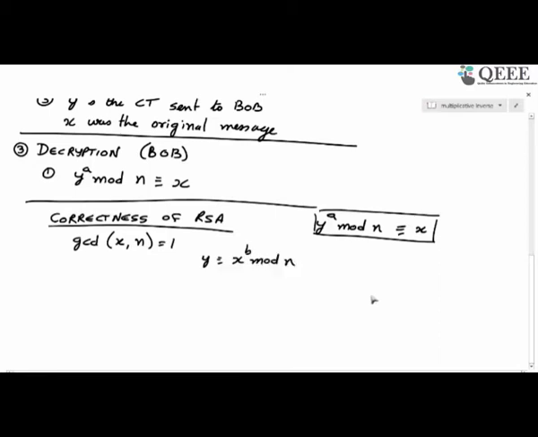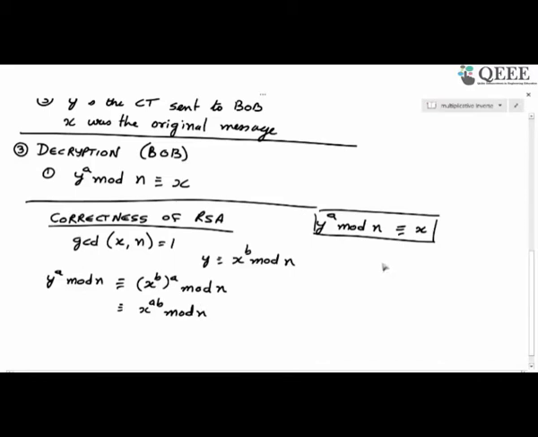This is done on Alice's side. Y is sent to Bob over the internet, and Bob will take y and raise it to the power of a modulo n. So this is congruent to x to the power of b, to the power of a, mod n, which is congruent to x to the power of ab mod n.